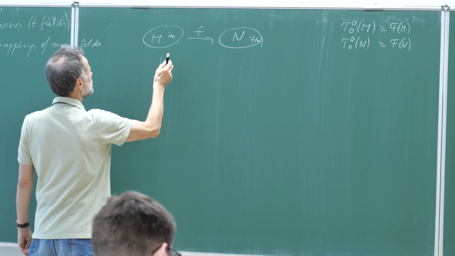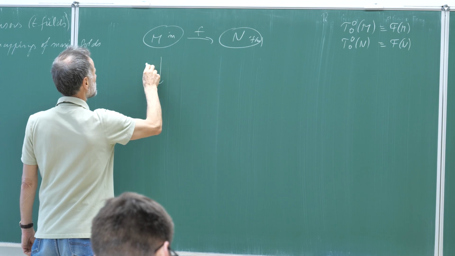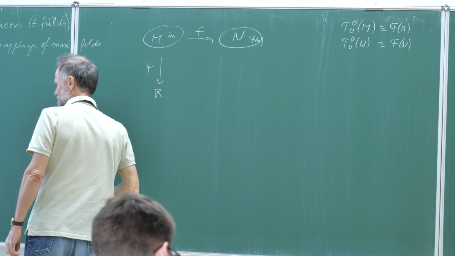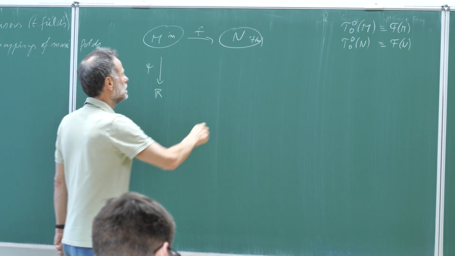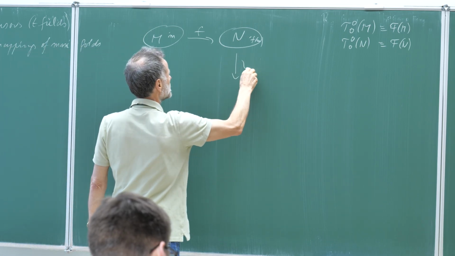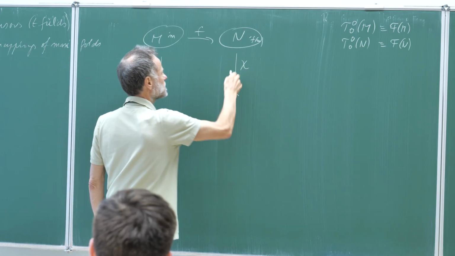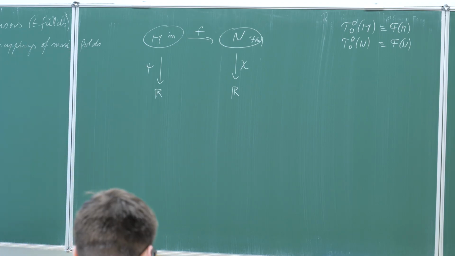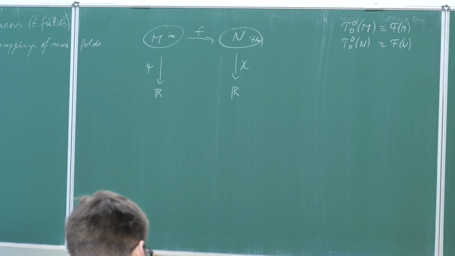It is an arrow, some psi to R, and here will be some chi to R. It is a function on N. Yes? So a function from a manifold to real numbers is a real valued function.